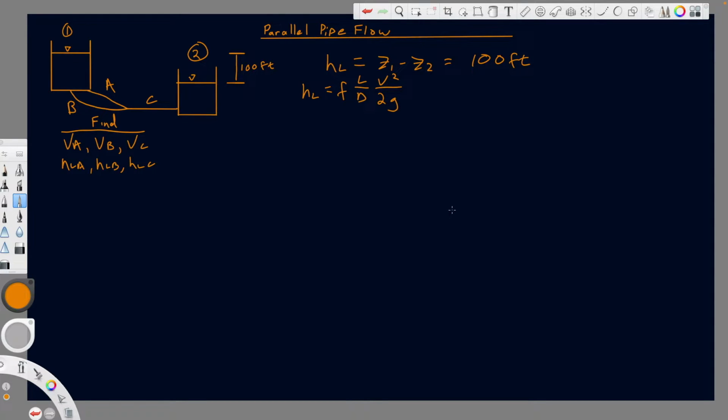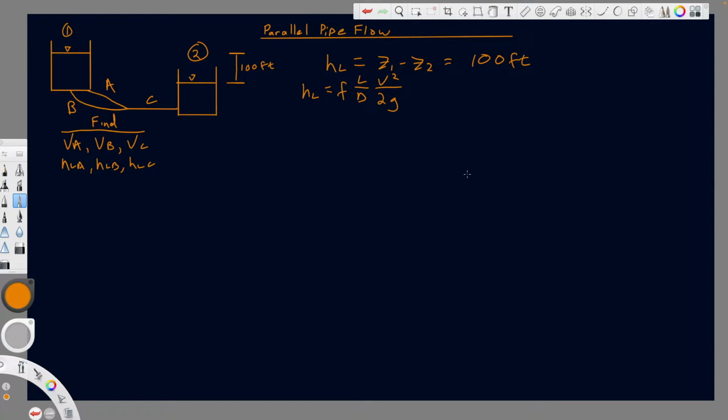Essentially, if we know the pipe characteristics, the friction of the material, the length of the pipe, and diameter of the pipe, then it's really an equation about the velocity. Head loss is dependent on velocity, which is the only thing that's going to really change over time, except potentially the friction factor over a long period of time.